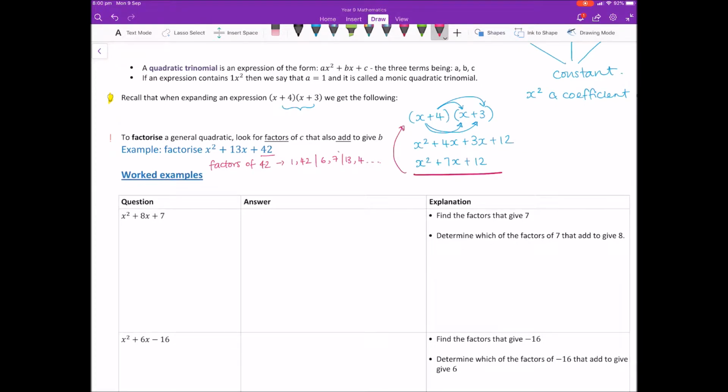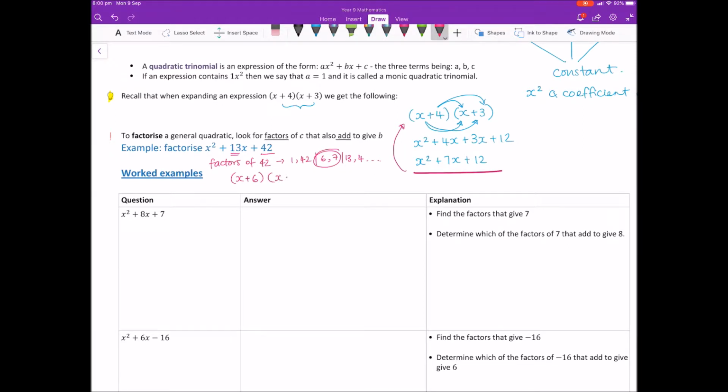However, if we look at 6 and 7 as factors of 42, if we add 6 plus 7, we also get the coefficient of the x term, which is 13. So now what we do is we write in a bracket x plus 6 and x plus 7. So if we were to factorize x squared plus 13x plus 42, what we get is (x plus 6) in one bracket times (x plus 7) in another.